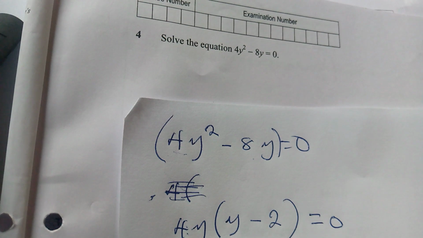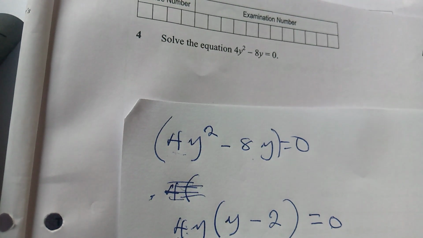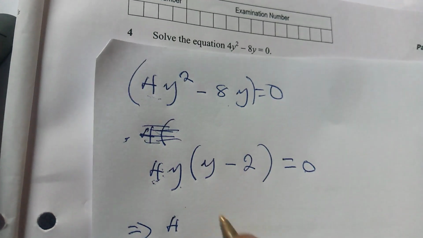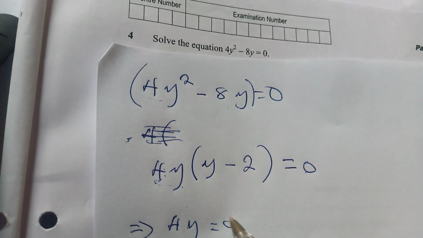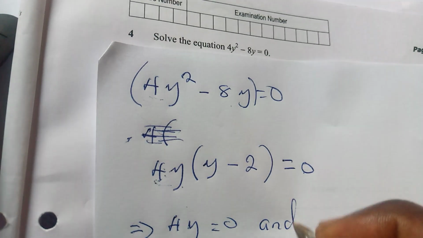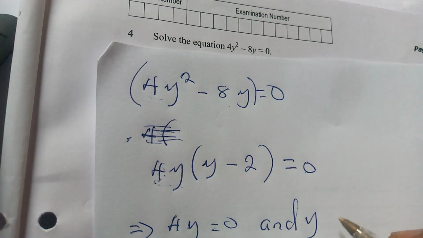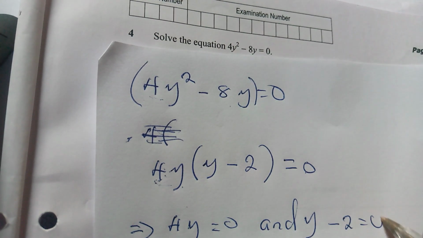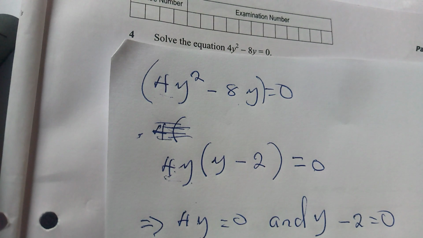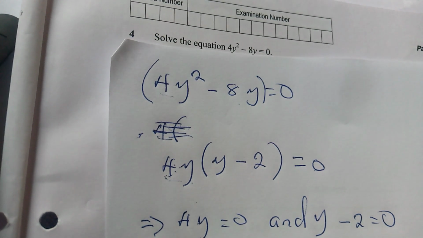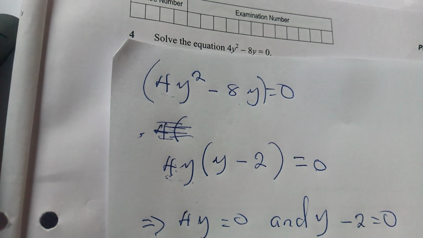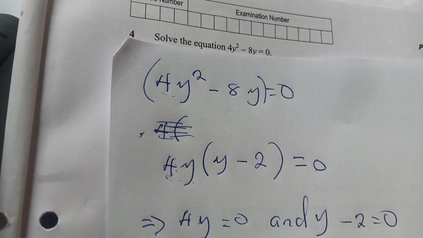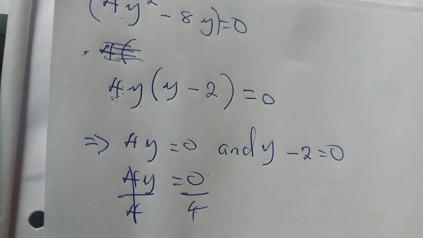Now what do you do next? Since it's an equation, this will be equated to 0. So 4y equal to 0, and y minus 2 equal to 0. 4y equal to 0 would mean y is equal to 0, since 4 into 0 is 0.